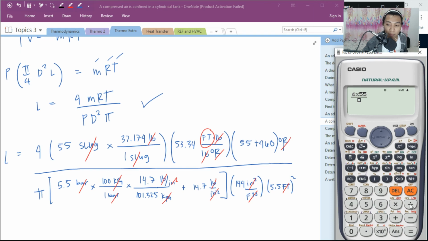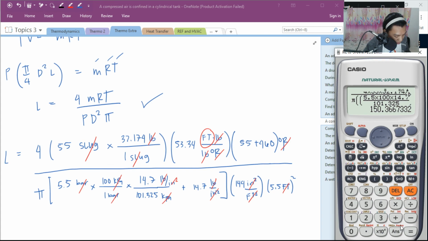4 times 55 times 32.174 times 53.34 times 55 plus 460, shift pi then in parenthesis, 5.5, 5.5 times 100 times 14.7 divide by 101.325, then plus 14.7, multiply by 144, multiply by 5.5 squared. You can solve that right away.